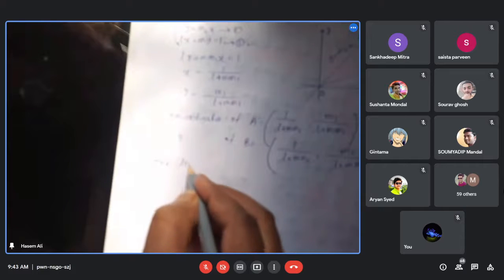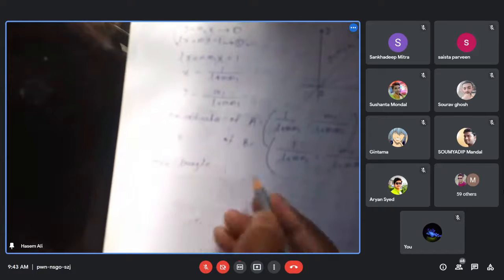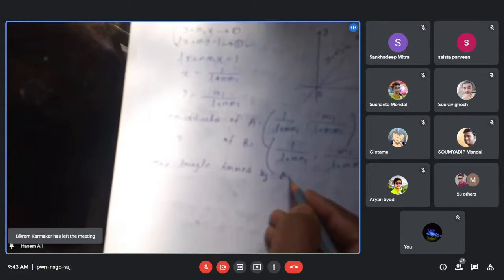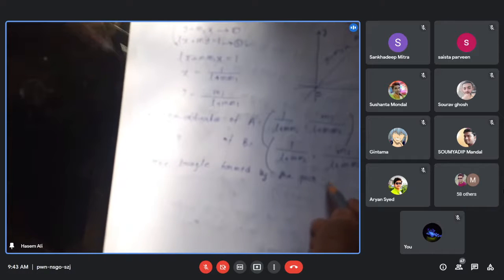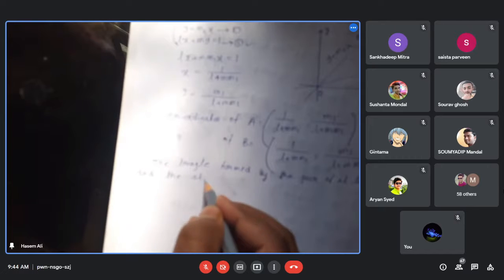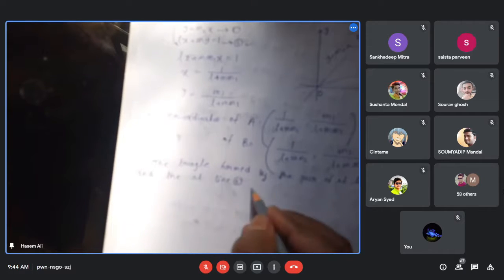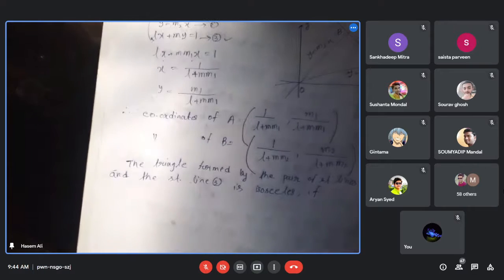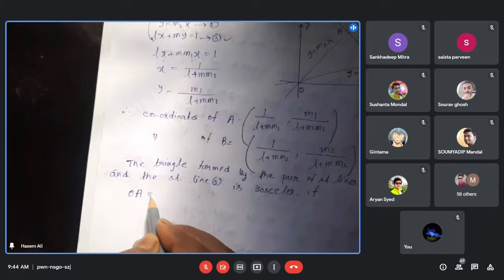The triangle formed by the given pair of straight lines and the straight line 3 is isosceles if OA equals OB.